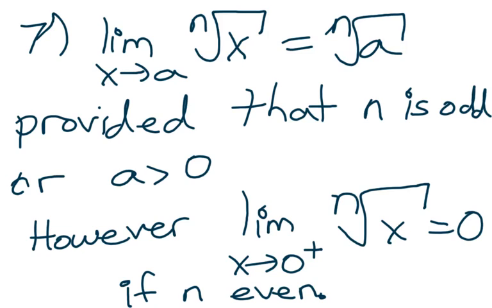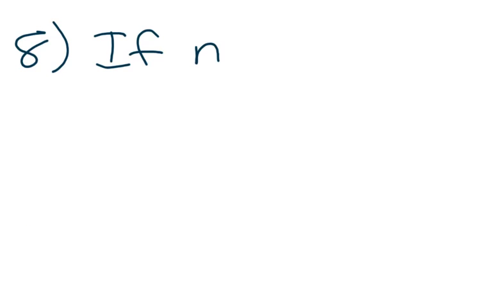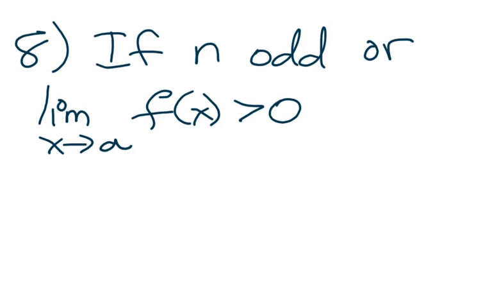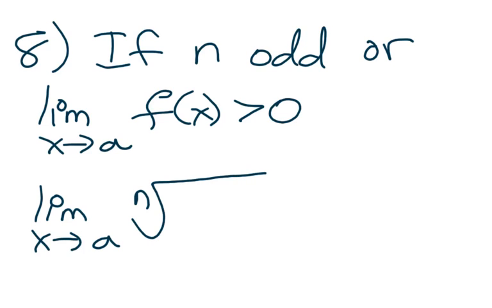All right, and we can extend this to more general functions too. Specifically, again, if n is odd, or the limit of x approaching a of f of x is bigger than 0, then the limit as x approaches a of the nth root of f of x is the nth root of the limit.